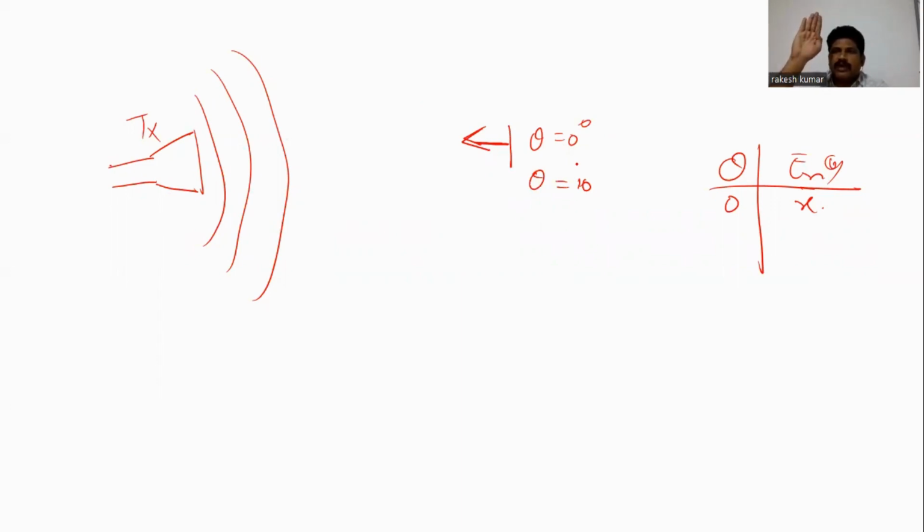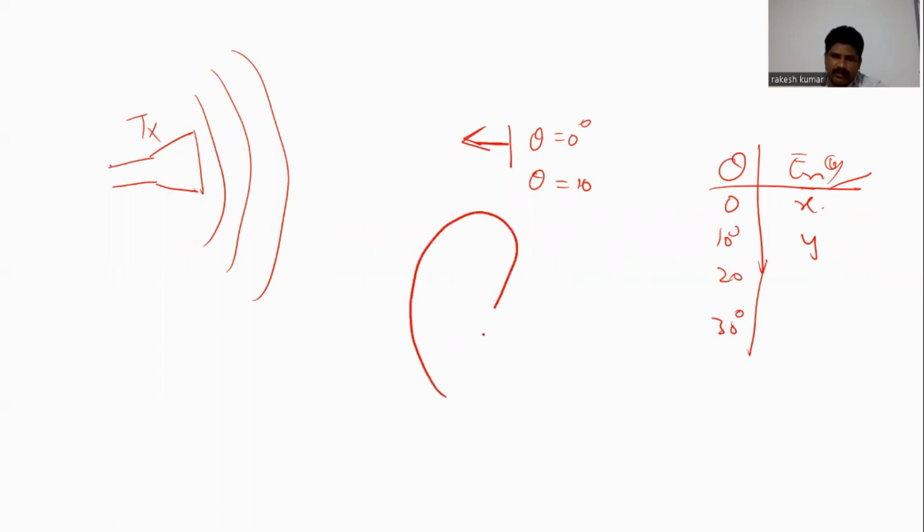I will rotate the antenna under test for various angles, for example 10 degrees, 20, 30, 40, and note the normalized field pattern. Taking these values, I will draw my radiation pattern.